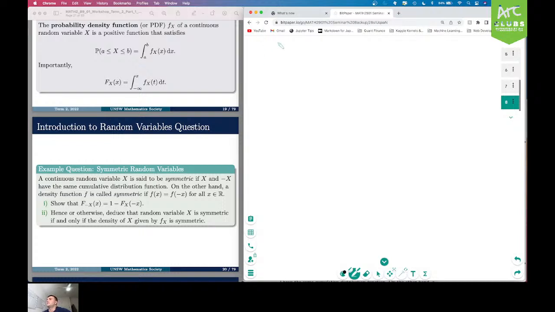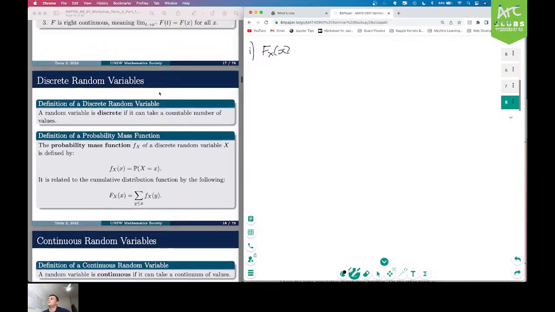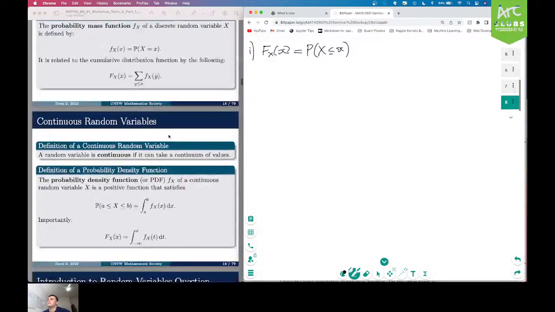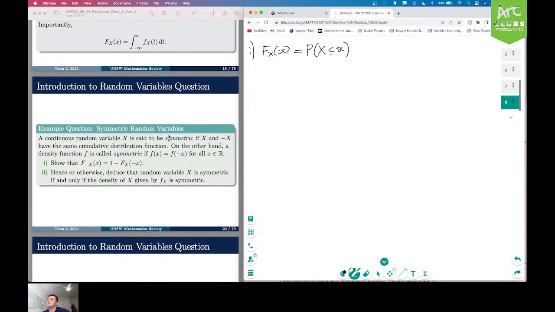Okay, so from definitions, we know that F_X of x, if you just look back onto this slide here, yeah, here it is, is just the probability that X is less than or equal to a particular value, lowercase x, right? So you just use that definition.